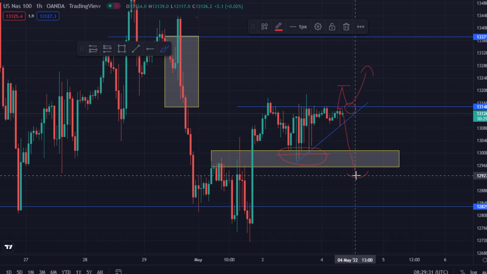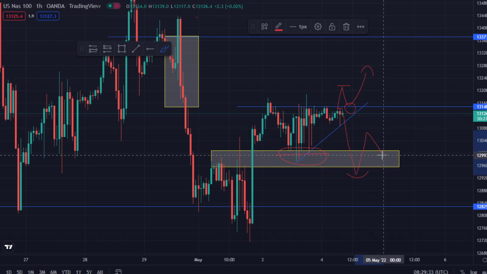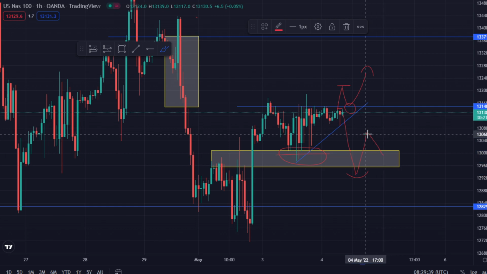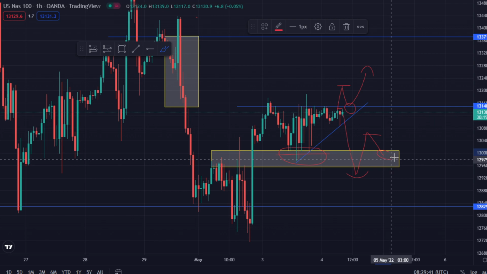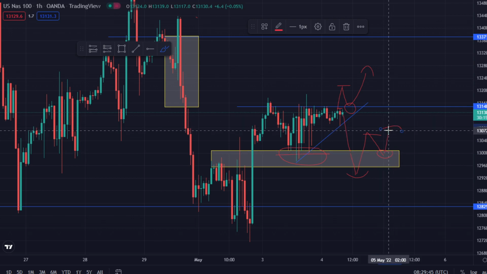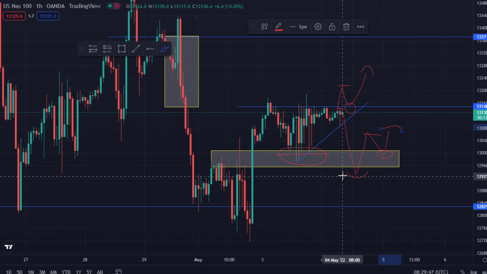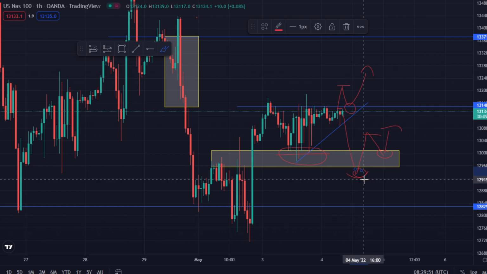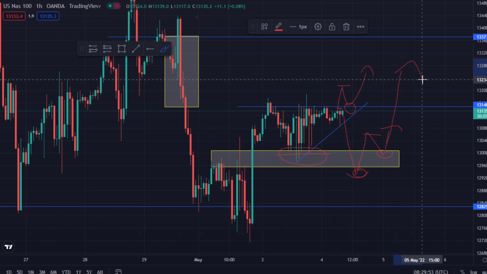So if price can do that and scoop up and give us another close back into this range and give us another retest on it, then guys, I will try to take a buy position here again, because right now I know this was only one form of a liquidity grab for us for taking price all the way to the upside.